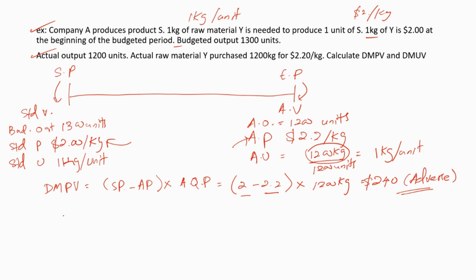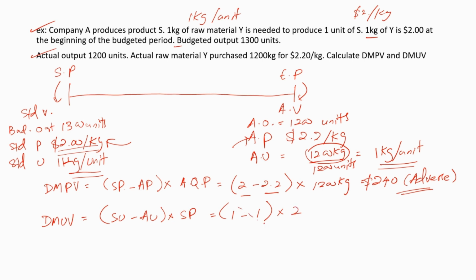Now let's calculate the direct material usage variance, which is equal to standard usage minus actual usage multiplied by standard price. So the standard usage is this value 1 kilogram per unit minus actual usage, which is this value 1 kilogram per unit multiplied by standard price, which is this value $2 per kilogram.